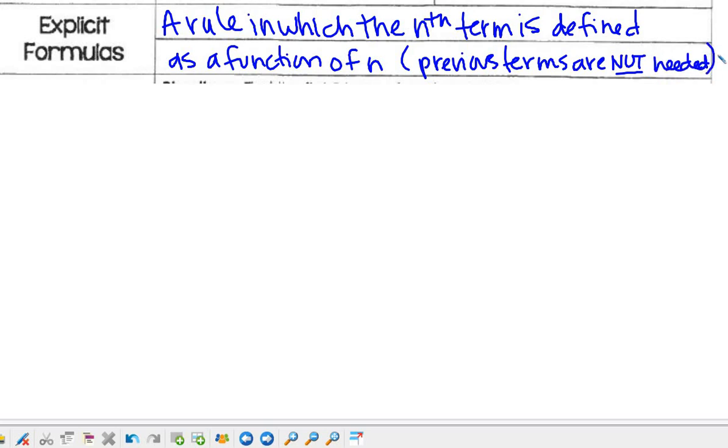And this is super convenient. So like if you want to find the 10th term, you just plug in 10. You don't have to find the 9 before it just to find it, which is much, much easier.